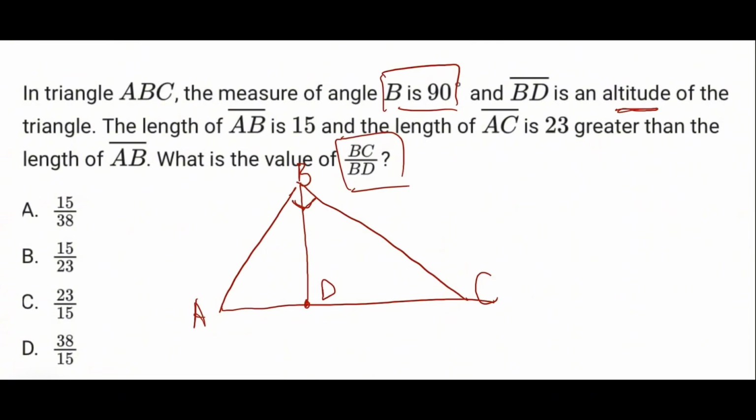Alright, so it's saying that the length of AB is 15 and AC is 23 greater than the length of AB, which is 38. So now how are we going to find the value of this?